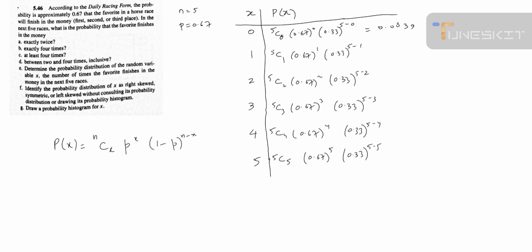Now the next value, 5C1 is 5, multiplied by 0.67 and multiply this by 0.33 to the power 4. That's 0.0397.